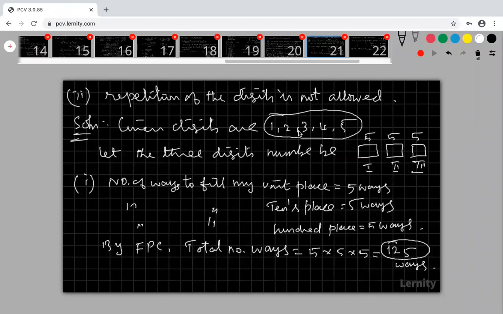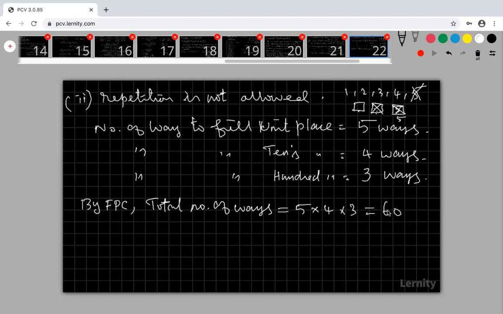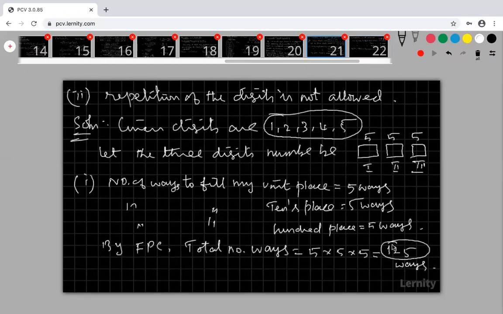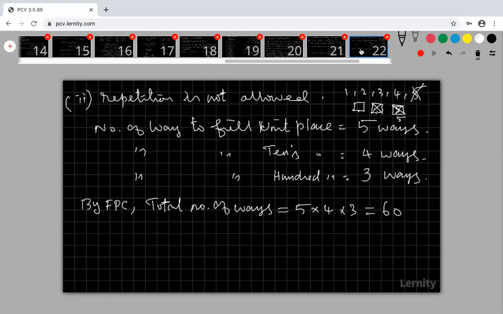If repetition is not allowed, it is 60 only, but if repetition is allowed, I can form 125 numbers. Are you okay? Are you clear? Any other doubt?